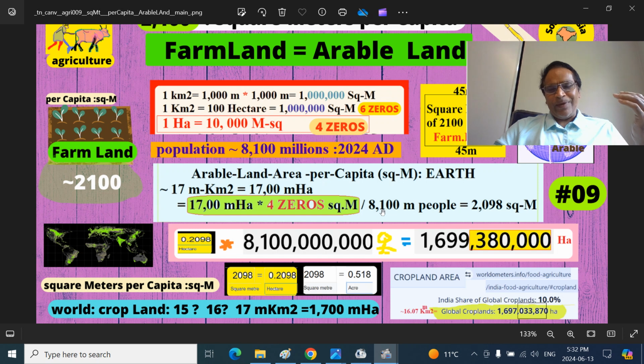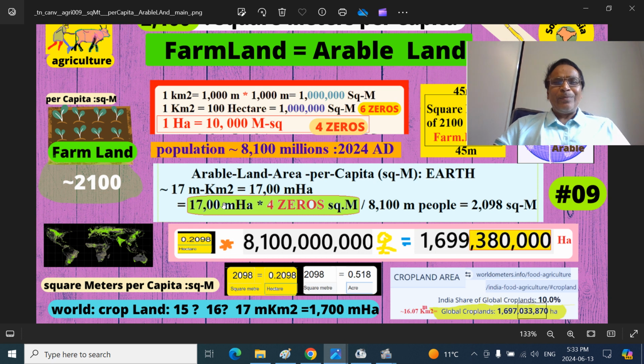Why? Because that is the population on planet Earth as of 2024. If you take 8,000 or 8,100, that really does not matter. So let's say 3 zeros here and 4 zeros here, 7 zeros, and you multiply all of them. The millions cancel out against the millions, and you have 8 followed by 3 zeros, so you have one more zero here.